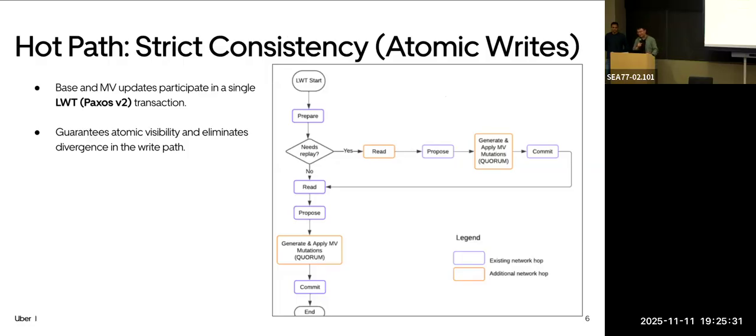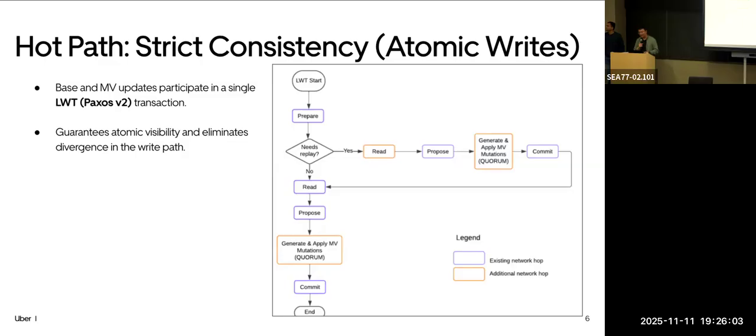For this strict consistency part, as you can see in this diagram, on the left side is the happy path of the LWT. As I mentioned earlier, all the base table writes are converted to LWT writes. The orange square is showing the extra hop we added in the LWT path to ensure that IMV and base table are updated in the same transaction.